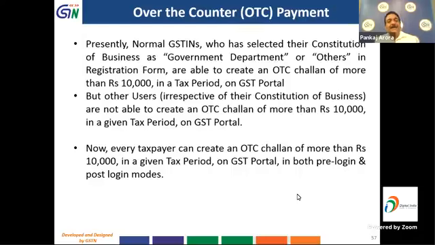Now that limit has been removed. All taxpayers, irrespective of their category, can create an over the counter challan of more than rupees 10,000 in a given tax period on the GST portal, and can deposit GST cash exceeding rupees 10,000 in any bank using the OTC facility, the over the counter challan facility.